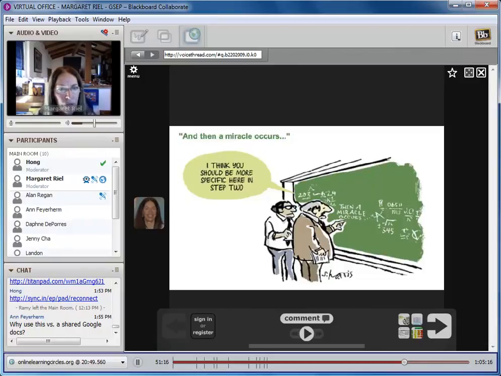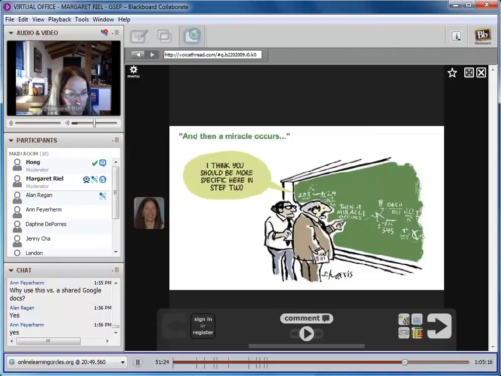I did want to show you VoiceThreads. Are you seeing VoiceThreads in the window now? Yes, no, yes, okay. VoiceThreads is a way to annotate.